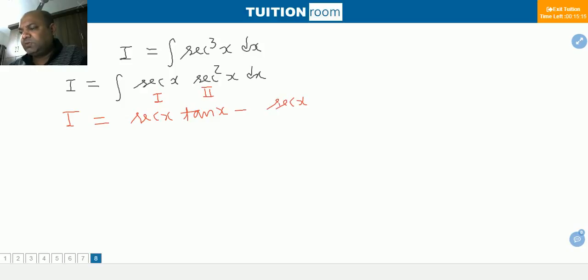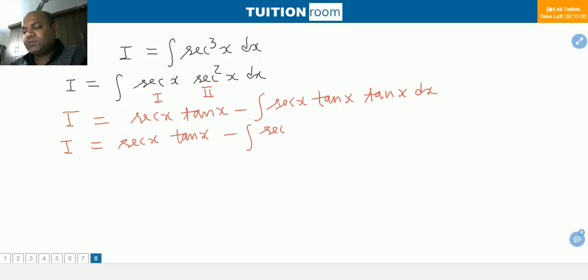dx. Now guys, this can be written like this: sec cube x dx, minus minus plus integral sec x dx. Now focus on this. This is the original integral. We can put here I and shift this I to the left hand side.